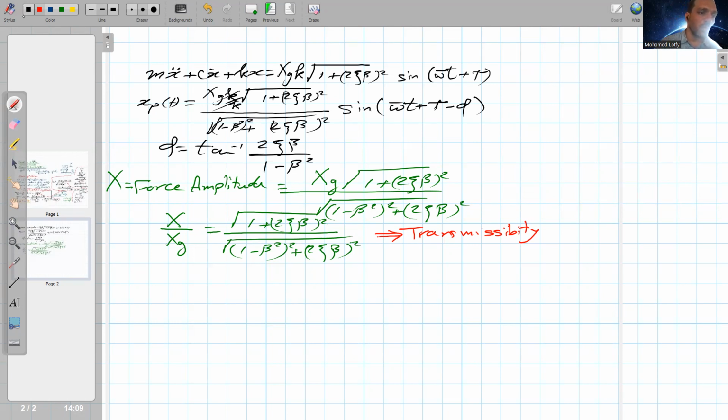Usually, we do the following. This is the x-axis, and this is the y-axis. Usually, we let this one be beta, and that one the transmissibility itself, which is x over xg. We fix zeta at a certain value and plot the curve: the transmissibility versus beta. So you will find something like that.